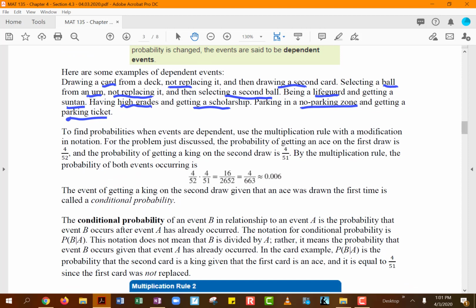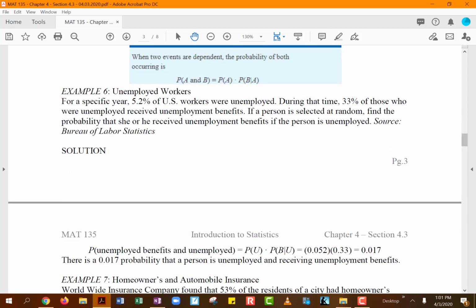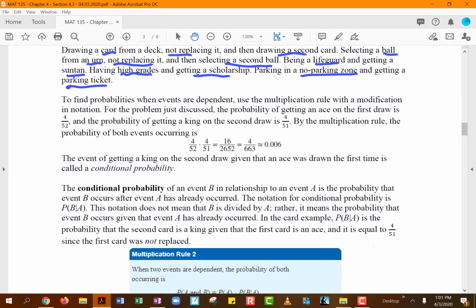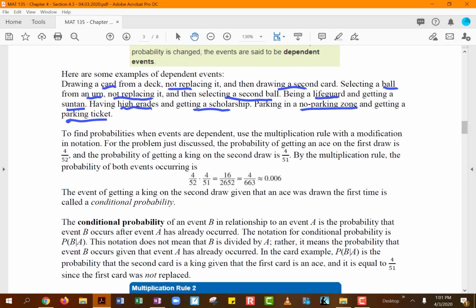Okay, so there's going to be a modification when you're trying to find the probabilities for dependent events. They say to use the multiplication rule with the modification in notation. For the problem we just discussed, which was getting the ace on the first draw, not replacing it, and then getting a king on the second draw, the probability for the ace was 4 out of 52.